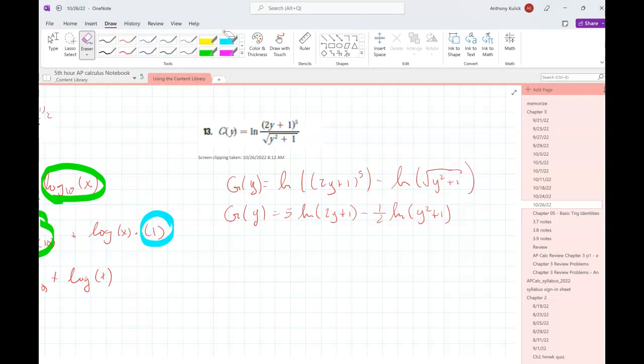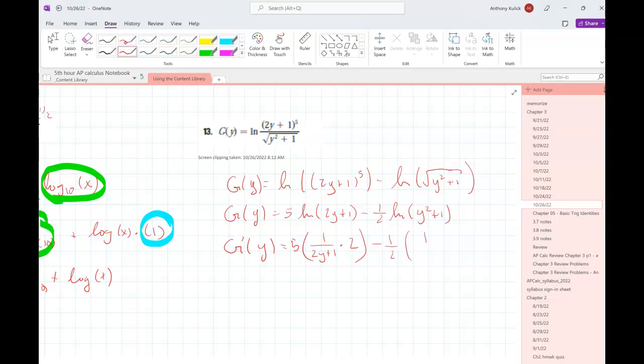Now, though, if we take what we have and now we do the calculus, this should be not too bad. So I have 5 times, and then this chain rule is going to be 1 over the inside times the derivative of the inside.